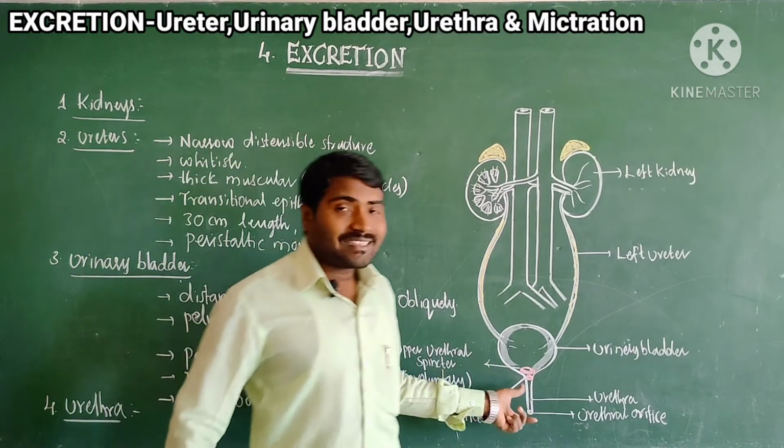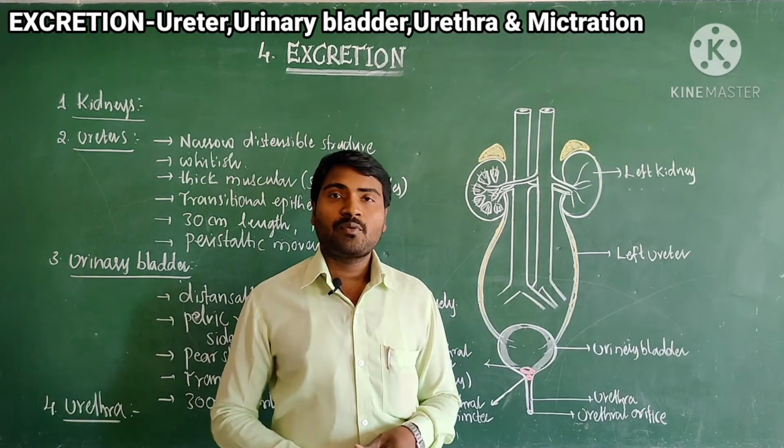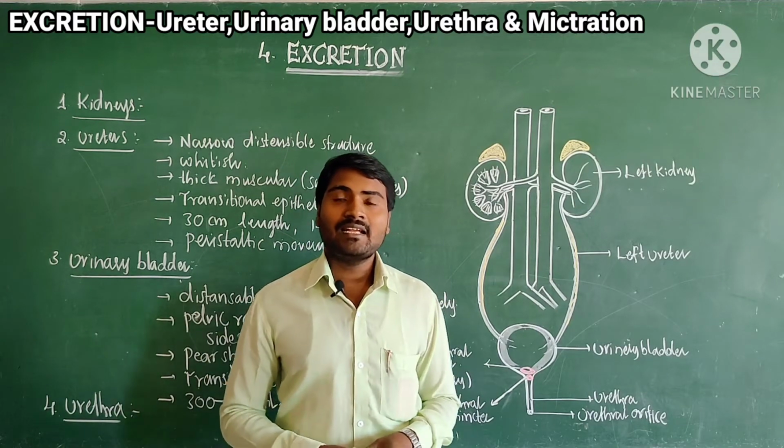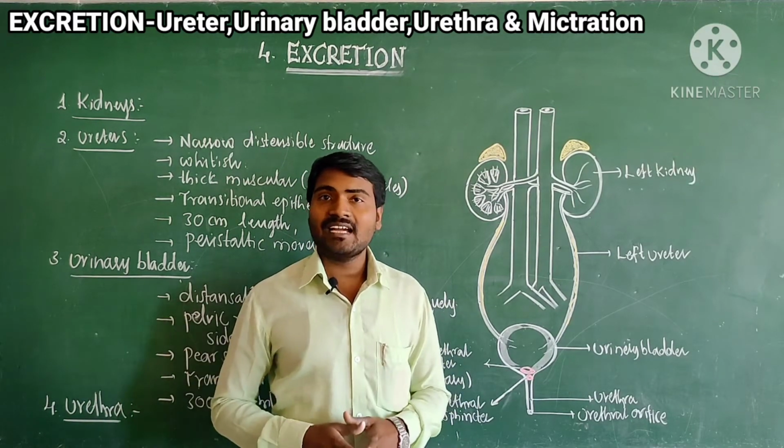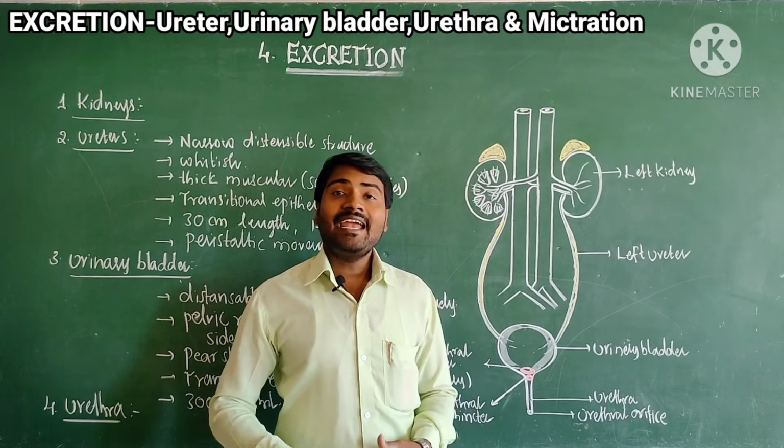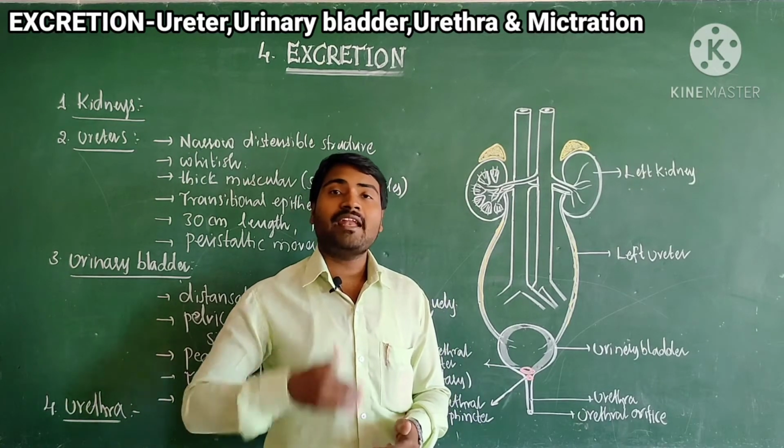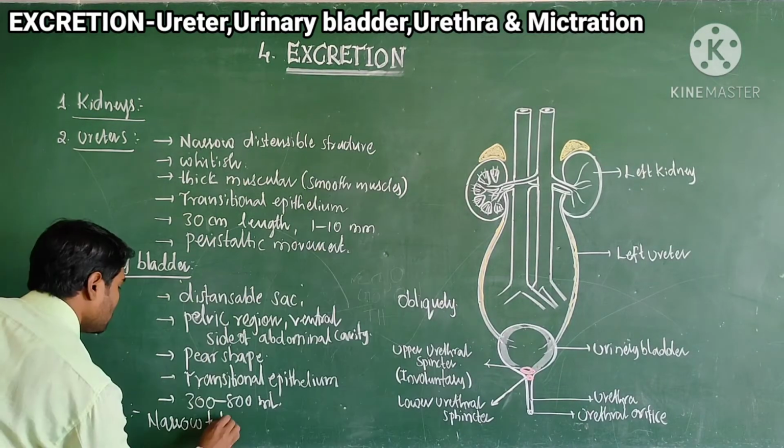The urethra is a narrow tube which starts from the bladder and passes through the genital organs. Finally, it takes the urine from the bladder to outside the body.